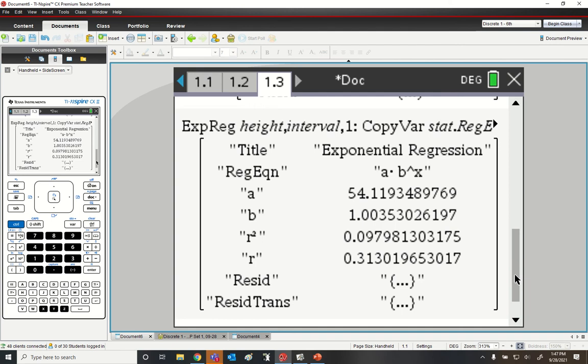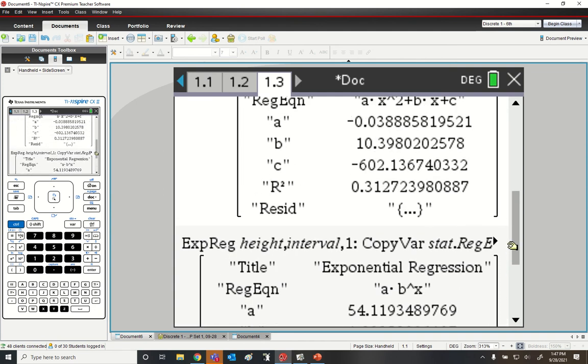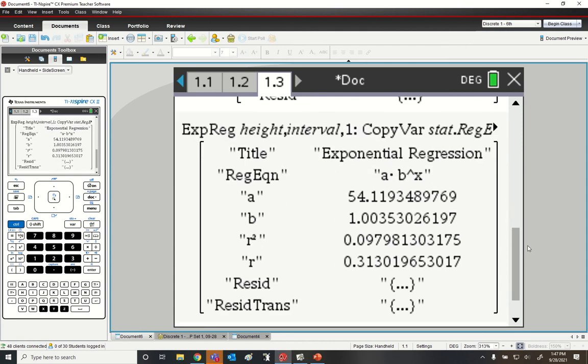Looking at my r squared here, what do I get for r squared? 9%. Is that a good percentage? No. The r value is 31. It's still not a good r value, but the best score that we have so far is my r squared here for this one.